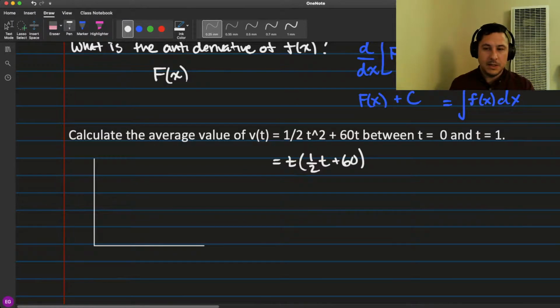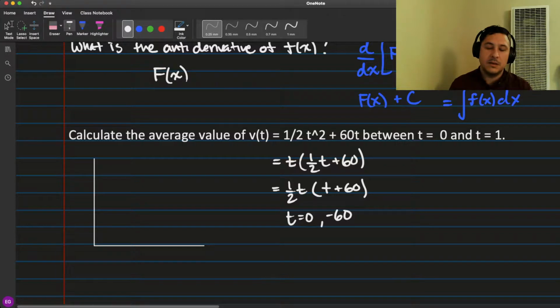Okay, and you can factor out the 1/2, so you get 1/2 t plus 60. So the graph of this looks something like, it has intercepts at t equals 0 and negative 60. So something like this.